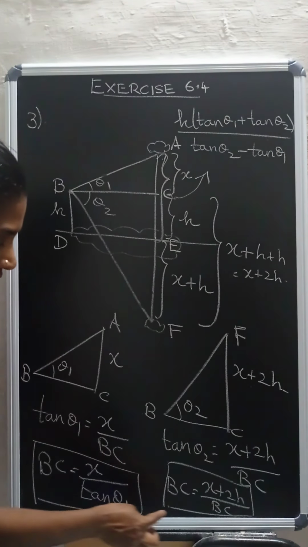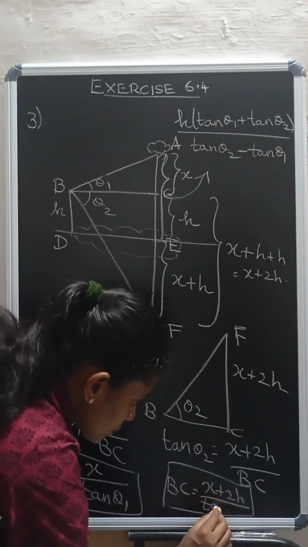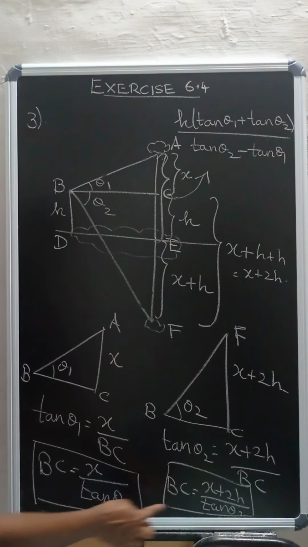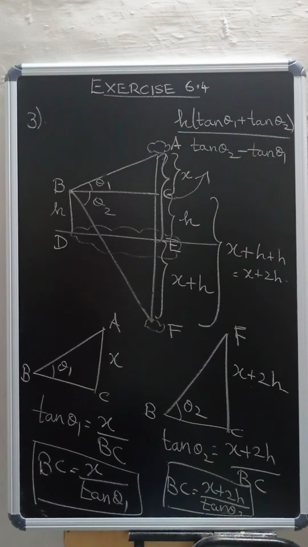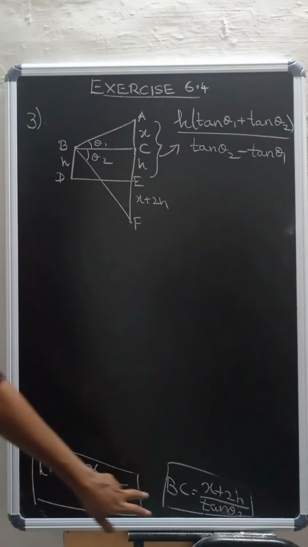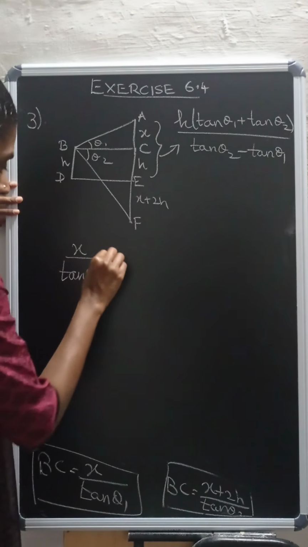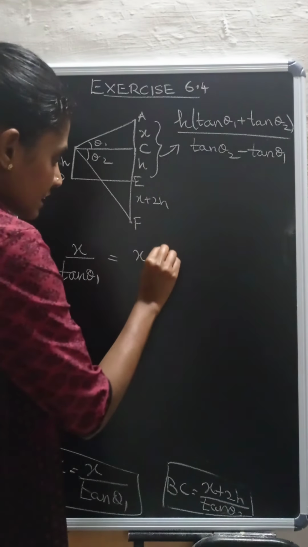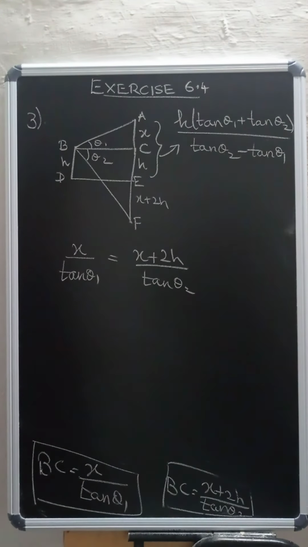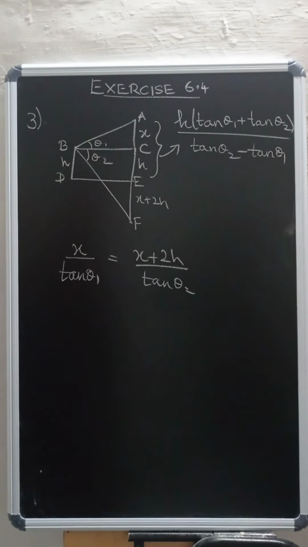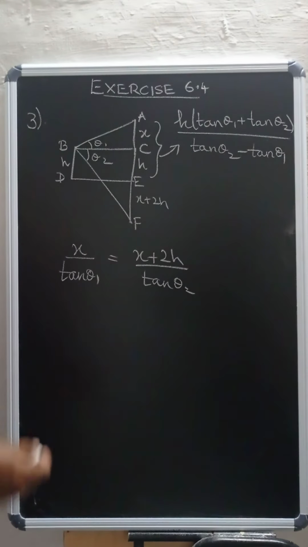Now we are going to equate these two, since this is also BC, this is also BC. So x by tan theta 1 is equal to (x plus 2h) by tan theta 2. From this we are going to find the value of x.